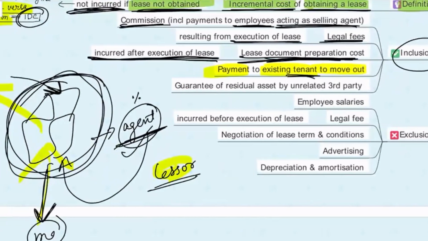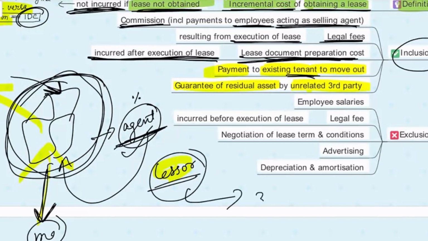And then it can be the guarantee of residual asset by an unrelated third party. So for a third party to give a guarantee for that asset, we are paying that third party some commission. Can you please guarantee for this asset? Now, suppose the lessor keeps a condition that only if you guarantee a certain amount for this asset, I'll give you that asset on lease. And we don't have any money.